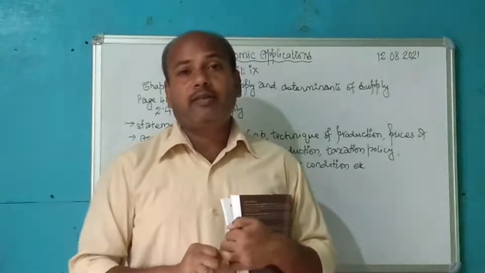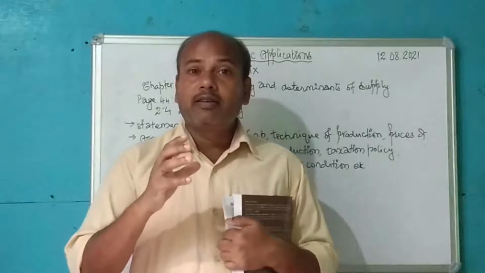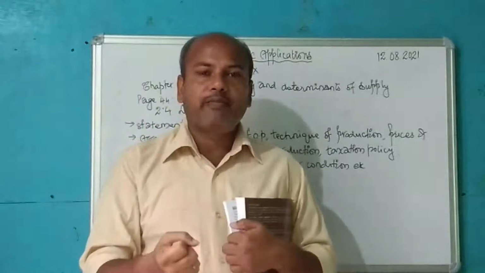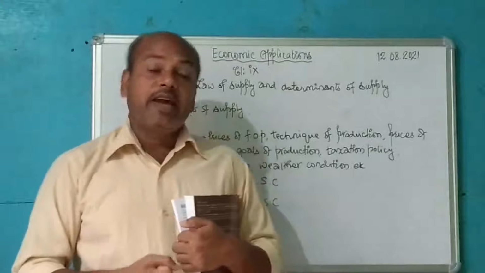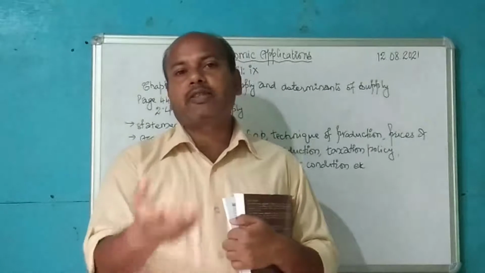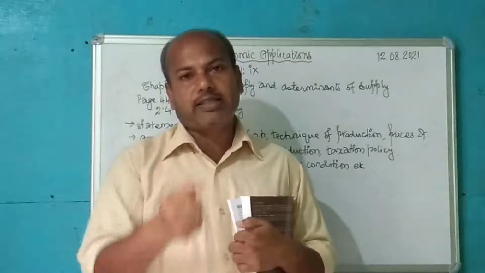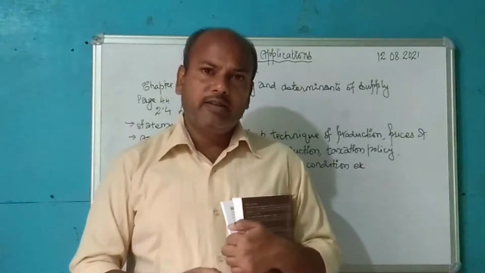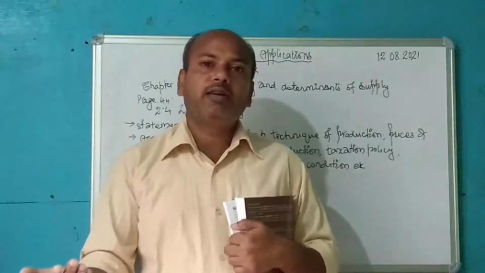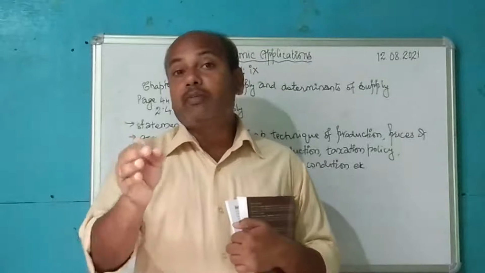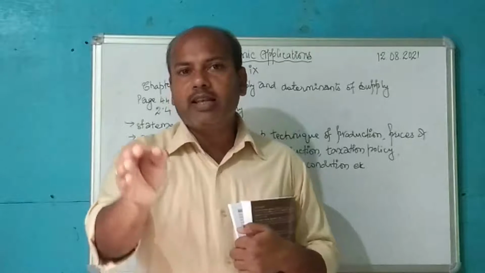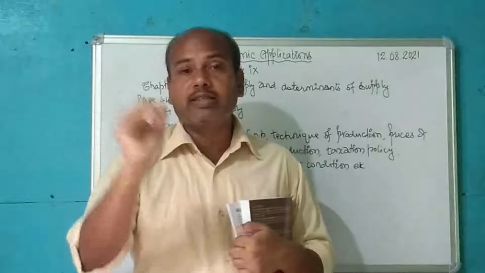You should understand that you would like to produce and offer for sale when you get a higher price, because it will fetch you more profit. And when the price it fetches is less, then the profit will be less. So the higher the profit, the higher the supply; the lower the profit, the lower the supply. That means when the price is less, producers will produce and offer for sale less.